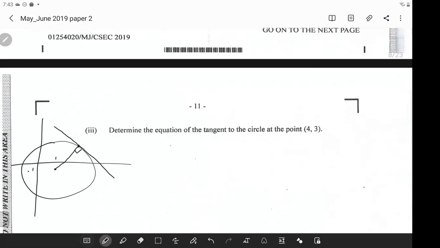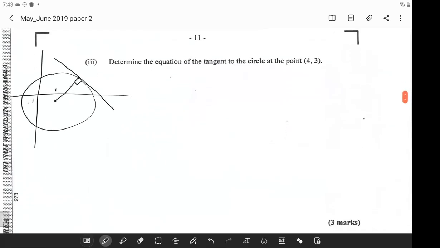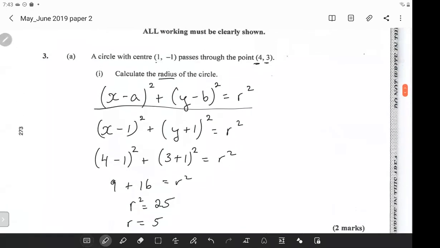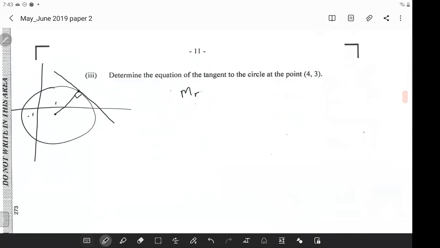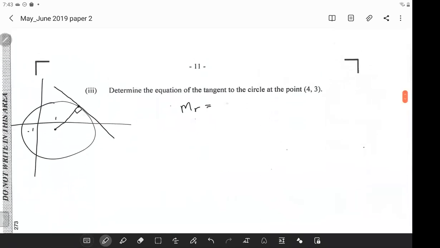So we could get the equation of our radius, and then use the negative reciprocal of that gradient to get our tangent equation. So what do we get? The two points that our radius passes through are this and this. So we can get the gradient of our radius, which I'll write as mR. It is y2 minus y1 over x2 minus x1.